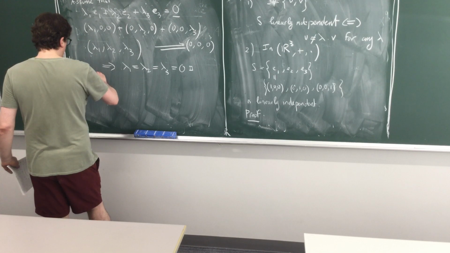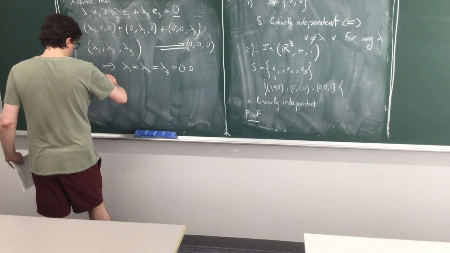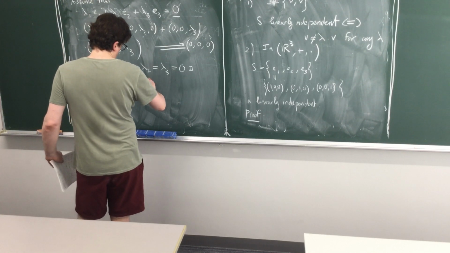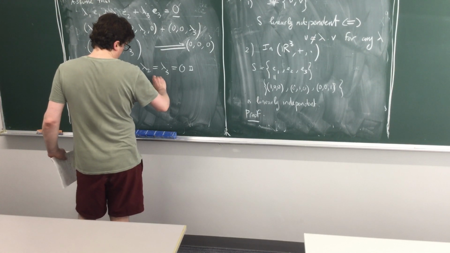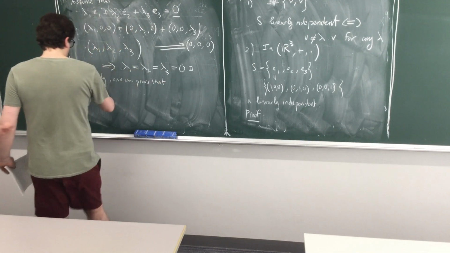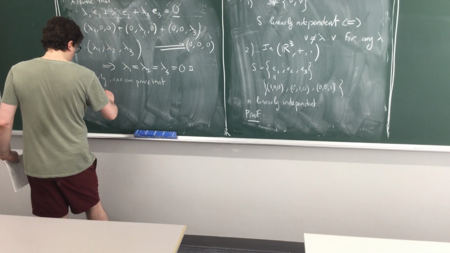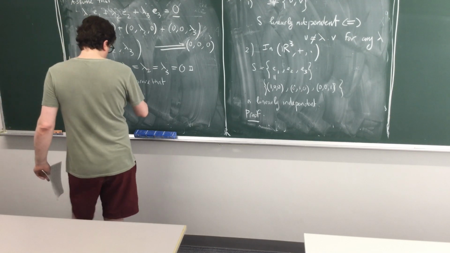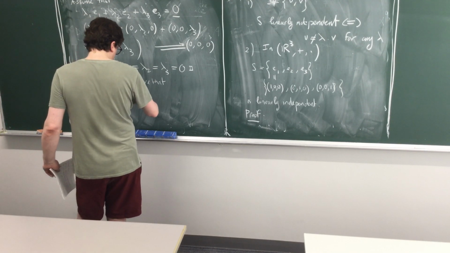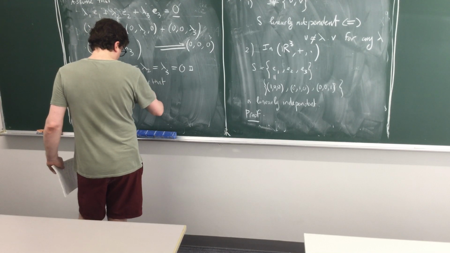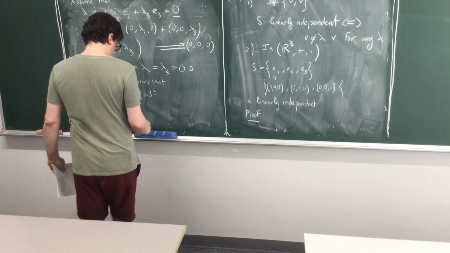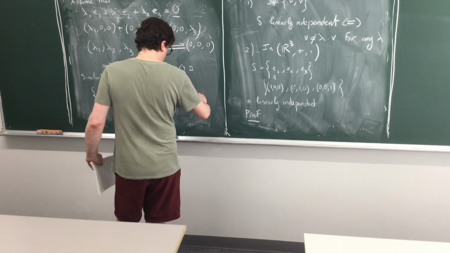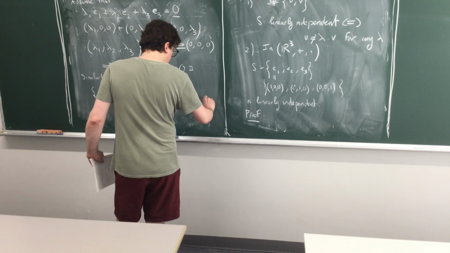Similarly, one can prove that, do you remember the set of matrices Eij? This is a linearly independent set of the vector space of matrices.